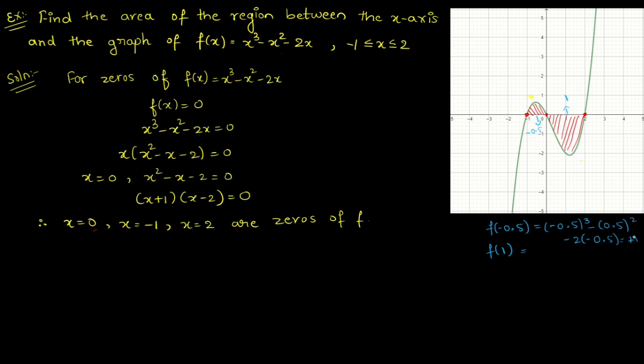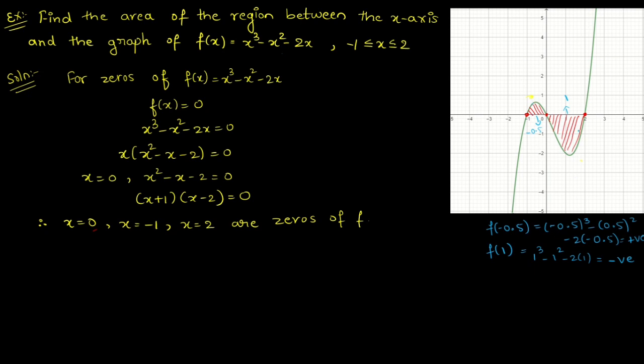You can just check it using a calculator. Similarly, if I put 1 in this equation, that is 1 cube minus 1 squared minus 2 times 1, here 1 cube is 1 minus 1 is 0, so I am going to get a negative value. This itself tells you whether the curve is lying above or below the x-axis. Since it is lying above the x-axis, here you get a positive value.